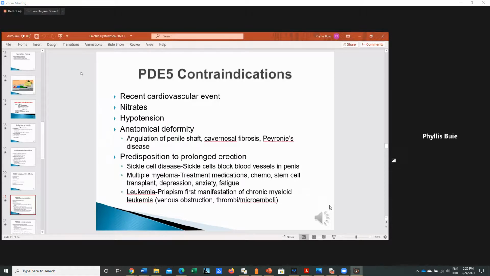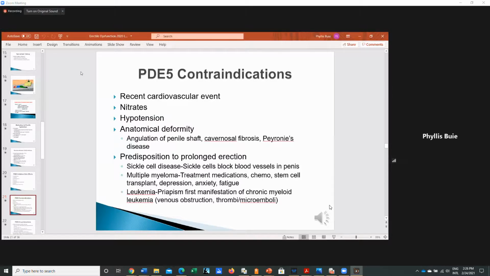Some chemo drugs may also cause problems. Stem cell transplants can also lead to prolonged erections. Leukemia: priapism is a lot of times the first manifestation of chronic myeloid leukemia because of the microemboli that cause the venous obstruction in the vascular system.